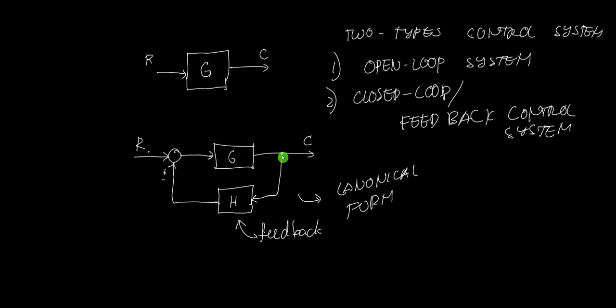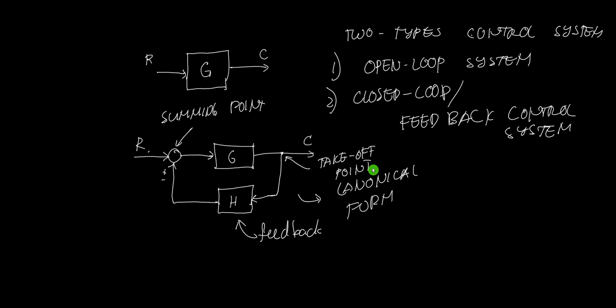Here, you have a connection between the output and the input R. We call this point here the summing point. And this point here, we call it the takeoff point. So what's a summing point?